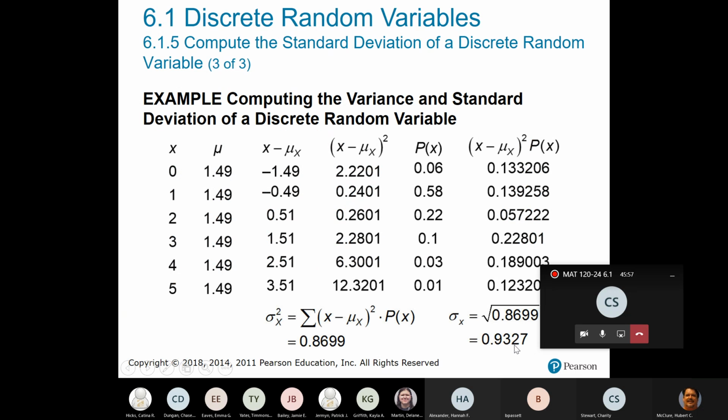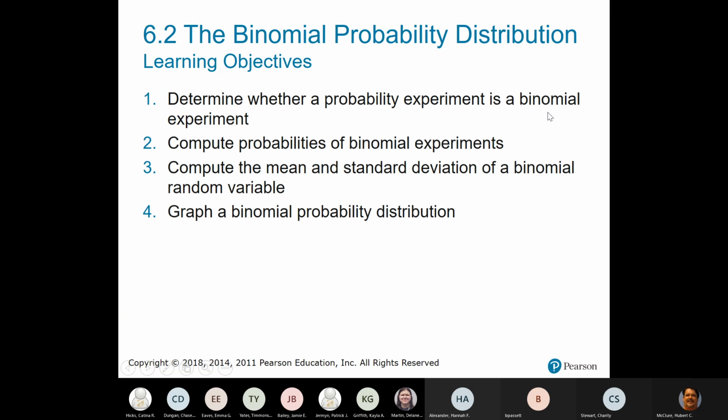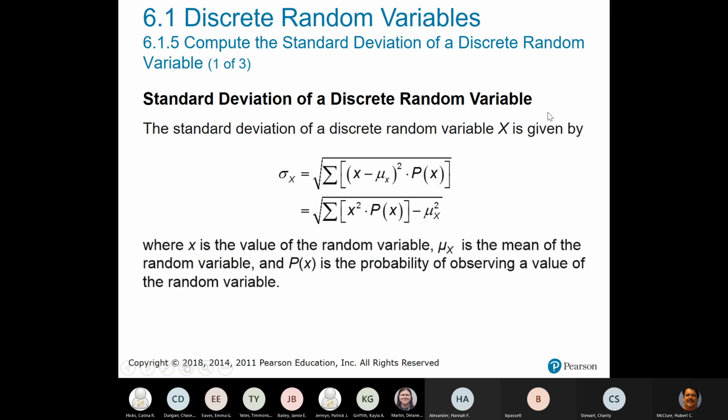And that's what they got right there. Now they use a different formula. They use that first formula. I'm just going to show you that first formula right quick, because I don't want you to think they're doing something different.